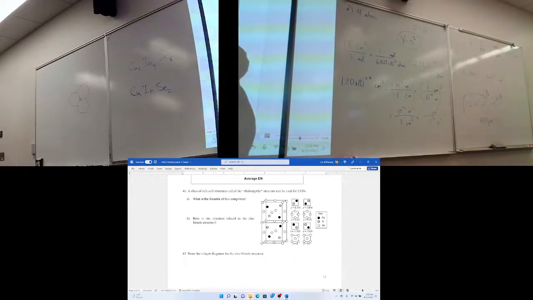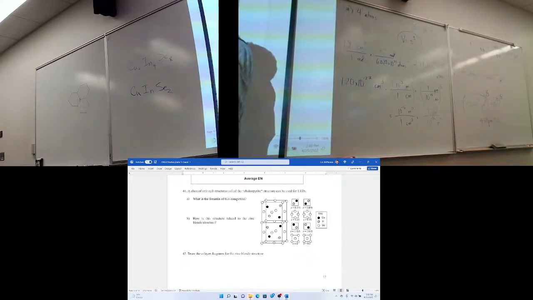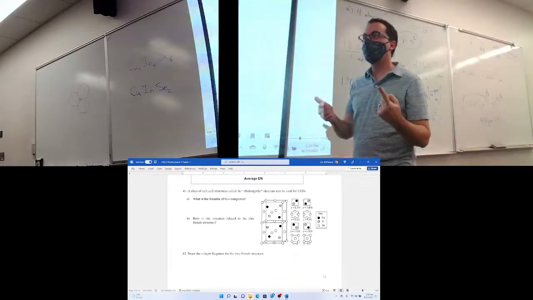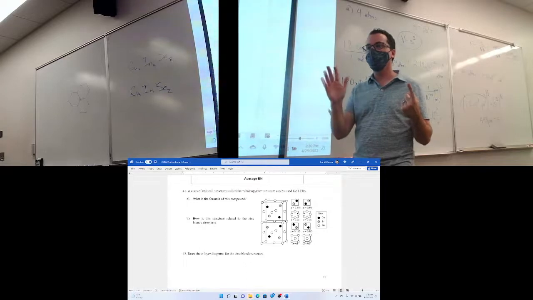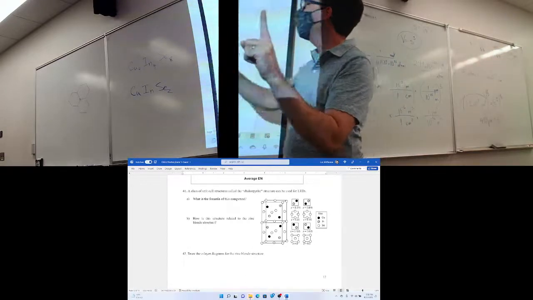So there's 1, 2, 3, 4, 5, 6, 7, 8, 9, and 10. They're all in faces, and if these are hard to see, you can verify using the layer diagram that they're faces. So 10 faces count as a half each. 10 times a half is 5. So I've got 6 total atoms now, 1 from the corners, 5 from the faces.